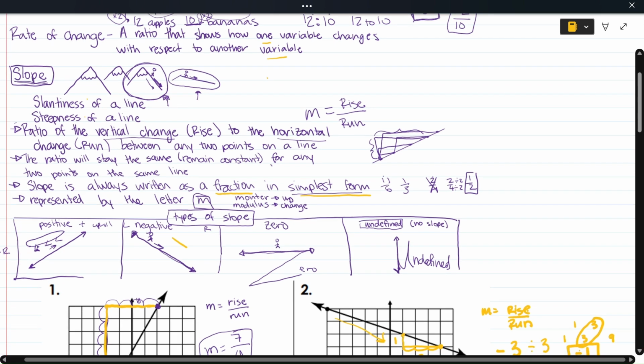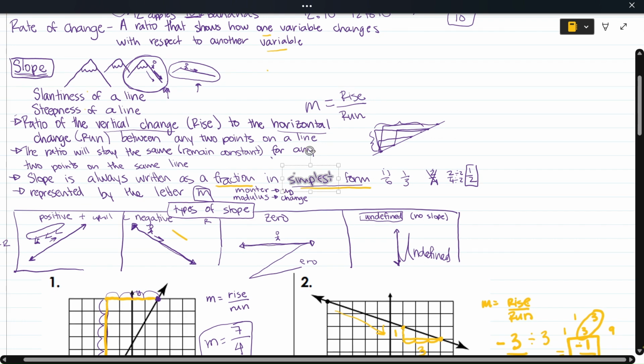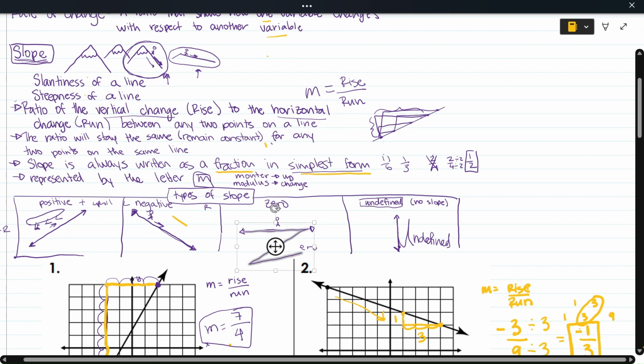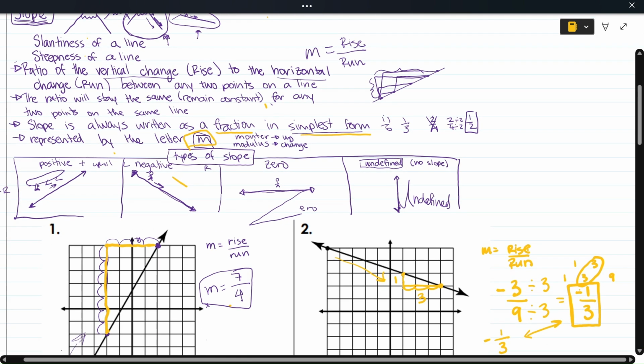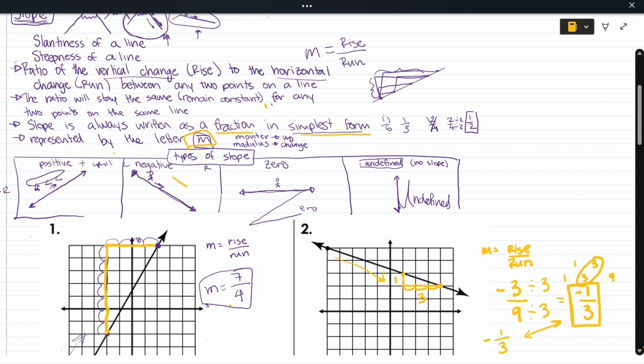We talked about how the slope is going to be the same on the same line no matter what you do. And we talked about how the slope is always written as a fraction in simplest form. We also talked about how the slope is represented by the letter M, and we don't totally know why. We talked about what a positive slope looks like, how we're going up the ski lift. We talked about what a negative slope looks like, if we're shredding the gnar down the hill.